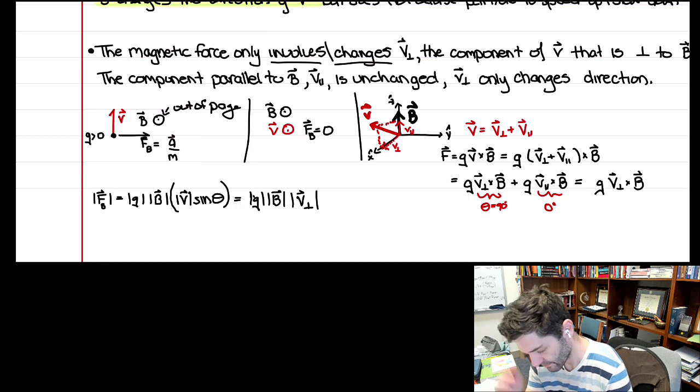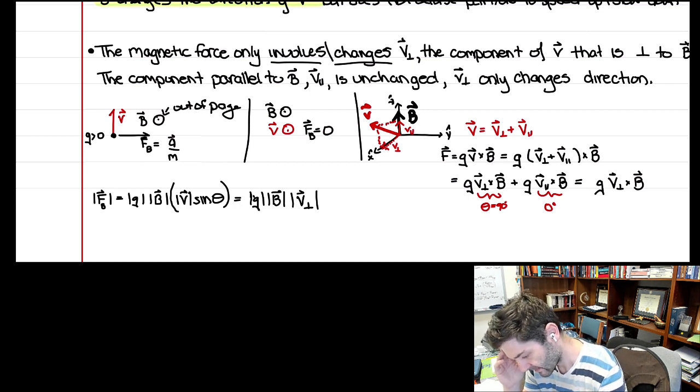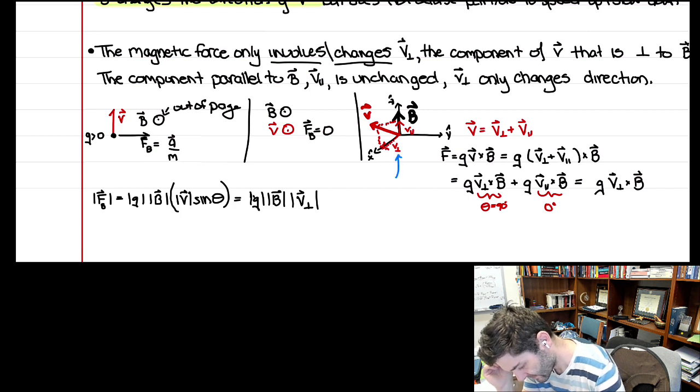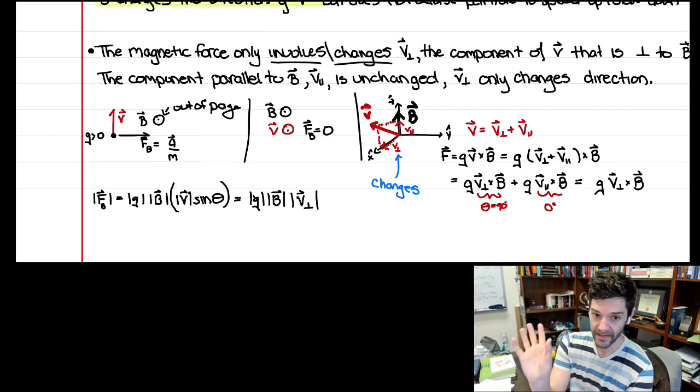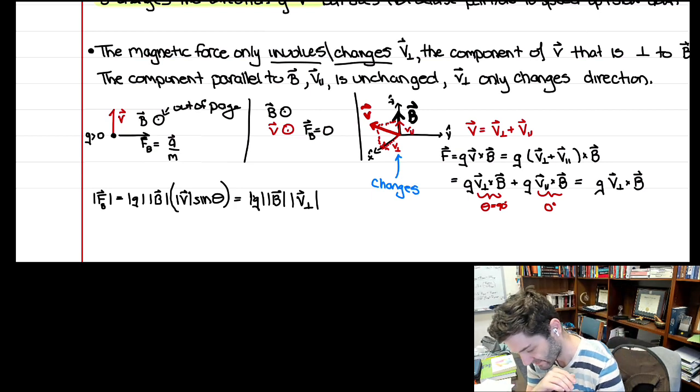So going back up to this 3D drawing, I'll use blue. This part here, it is that vector there that changes in direction, never magnitude. But it does change the direction.